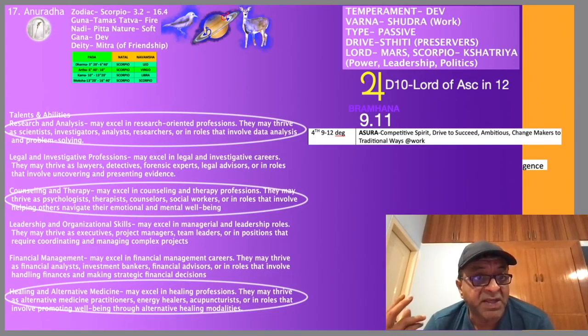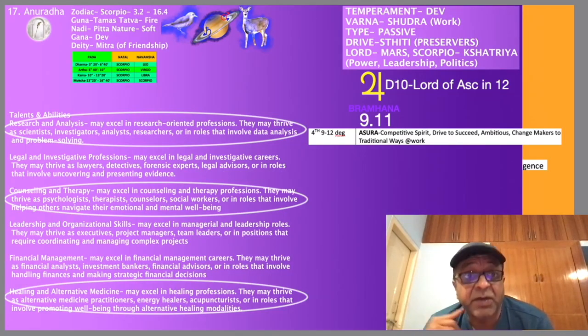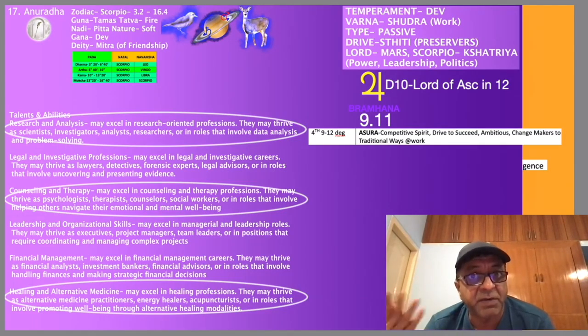Is there something in Anuradha Nakshatra that indicates her career path which she has chosen? There are three of them because Anuradha is Scorpio. It's all about uncovering subconscious, so there's lots of them. The top of the list is research and analysis, research-oriented profession like hypnotherapy, counseling and therapy, counselors, therapists, social workers, and so on.